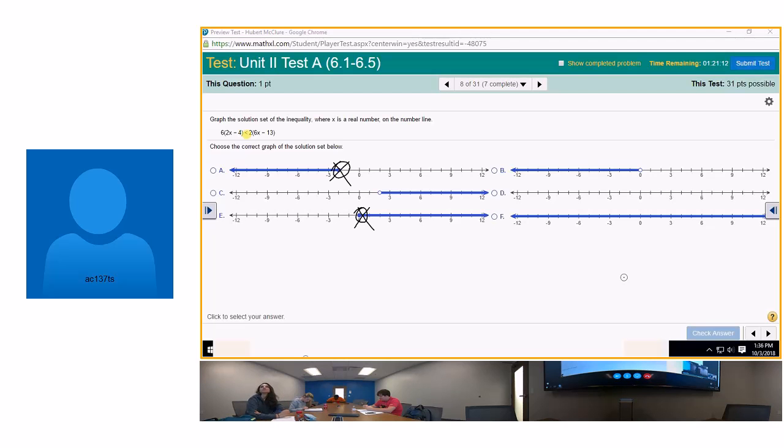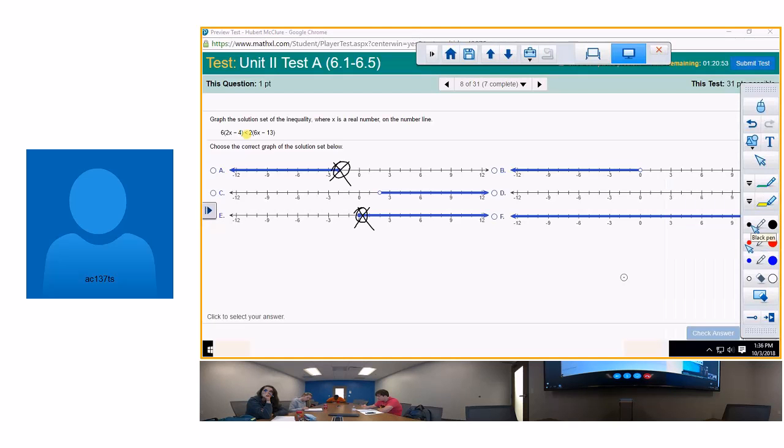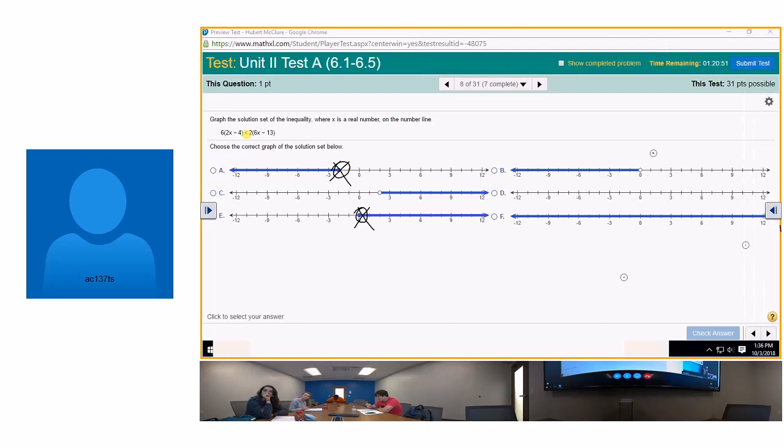So that's 12x minus 24, and 12x minus what? Is that a true statement or a false statement? It's going to be either true or false because it's not a number. So it's not going to be this one, and it's not going to be this one.